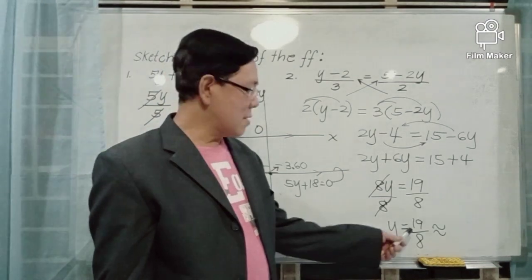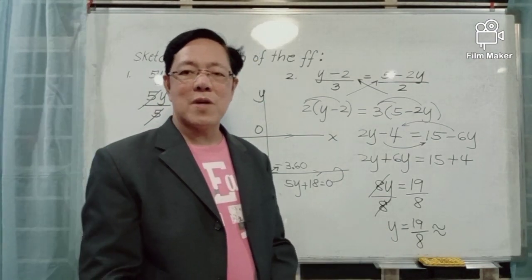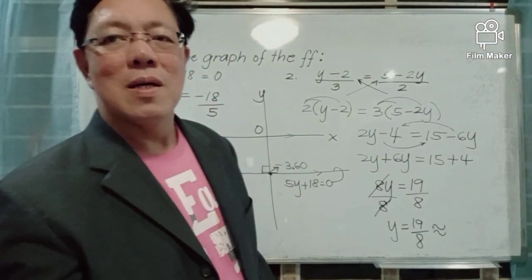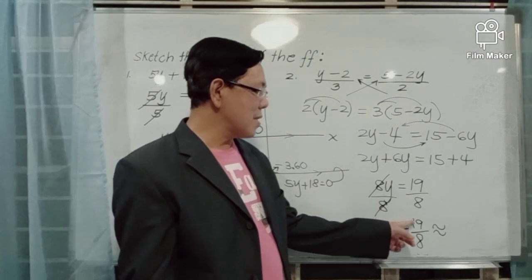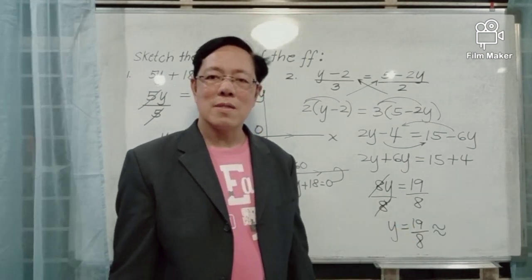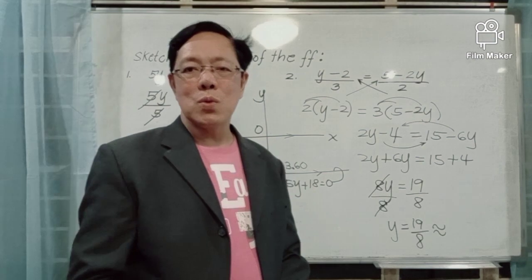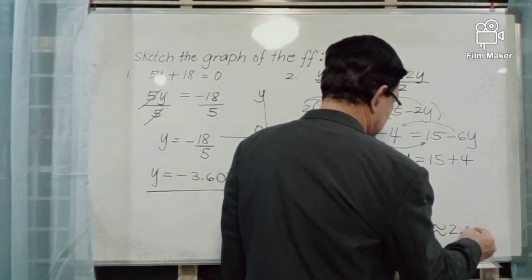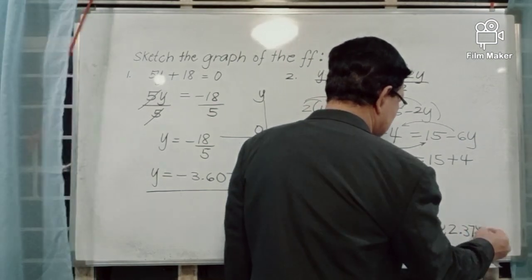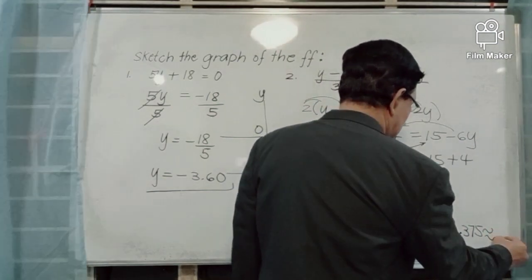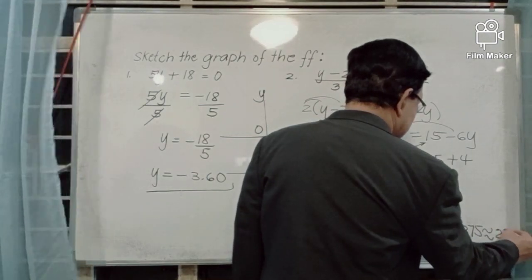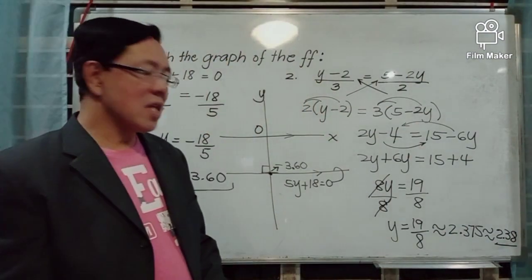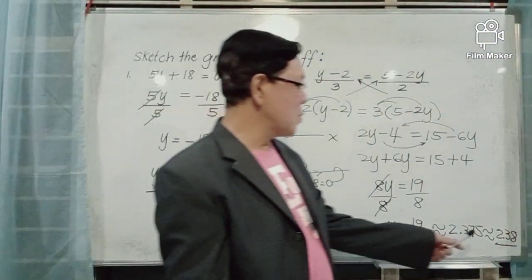This 19 over 8 is an improper fraction, but you can always give your solution as a decimal number to 2 decimal places by dividing 19 by 8, and that will give you 2.375. To 2 decimal places, that's 2.38. The value of y to 2 decimal places is 2.38.